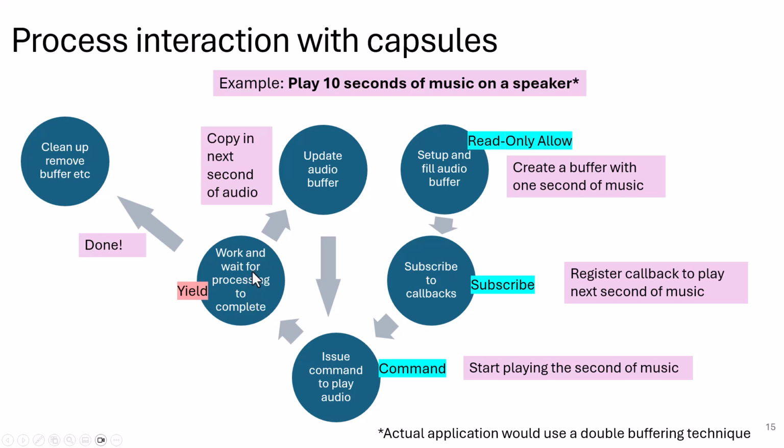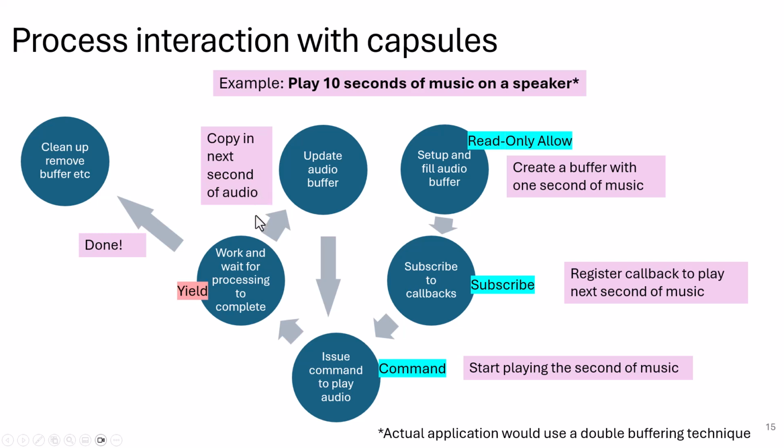So it can work, and at some point it's going to need to yield to the kernel because this is a single-threaded application or whole system. So it's going to need to yield to the kernel and say, are you done? Are you ready? Should you call that callback that I registered with you? And if so, it will copy in.